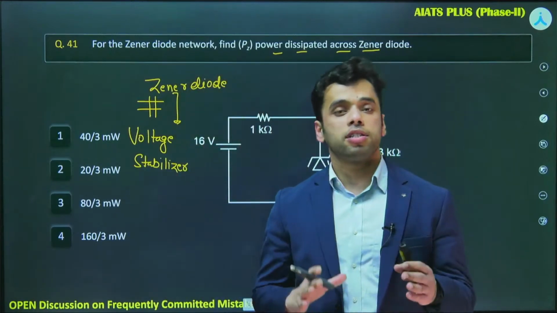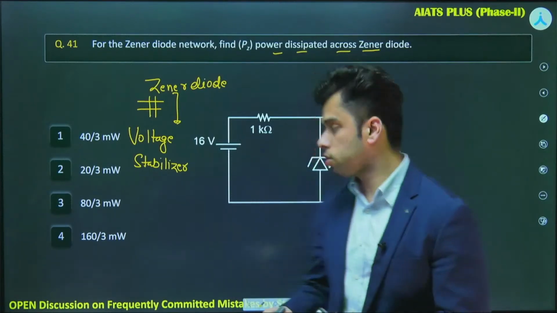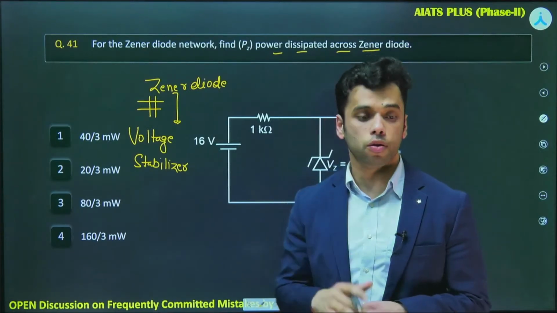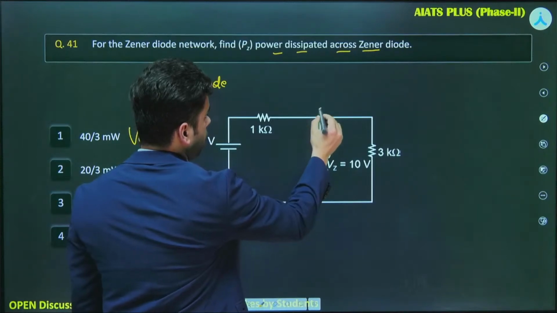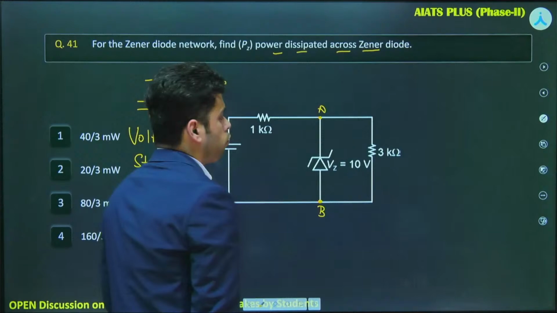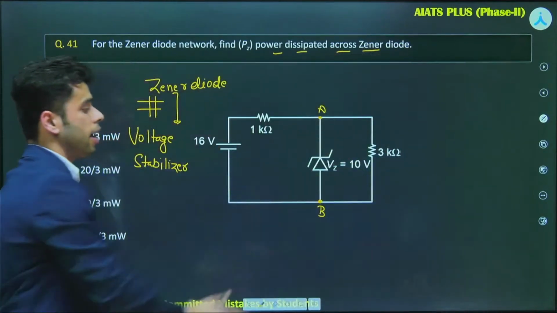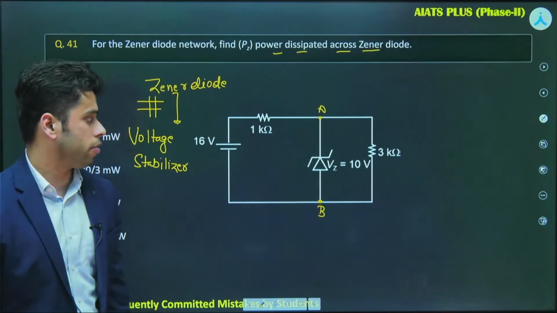It is going to maintain constant voltage across its ends. So across this point A and this point B, there will be a constant voltage drop of 10 volt, right?